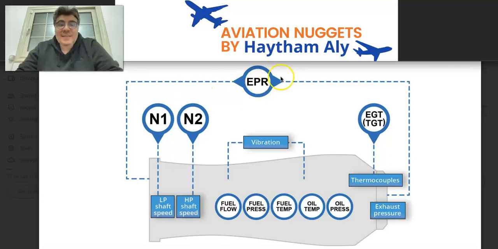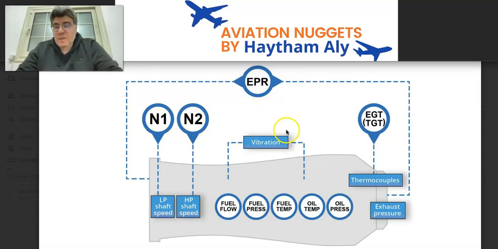So, as you can see here, EPR or N1 is used for engine performance indication, and they are used for thrust measurement and thrust indication. We use EPR indication, and in the case of incorrect EPR or missing EPR, we revert to N1.